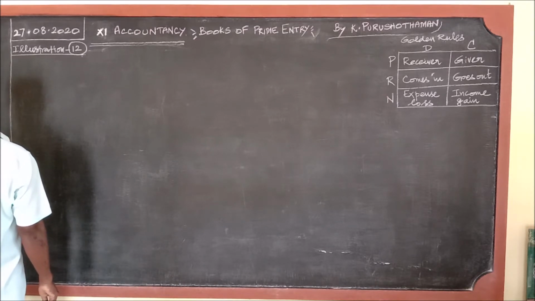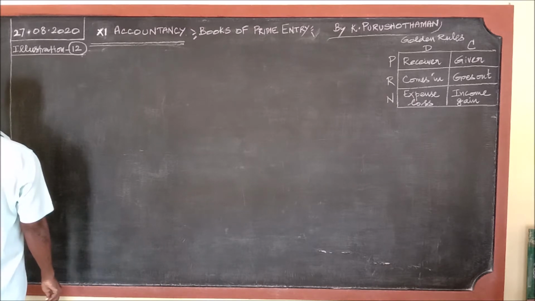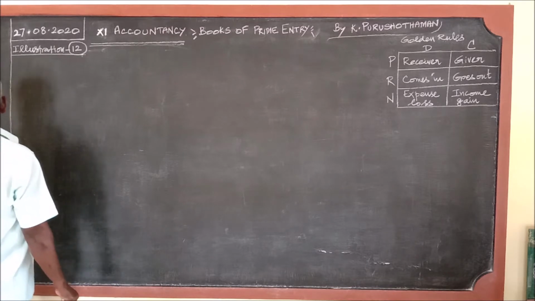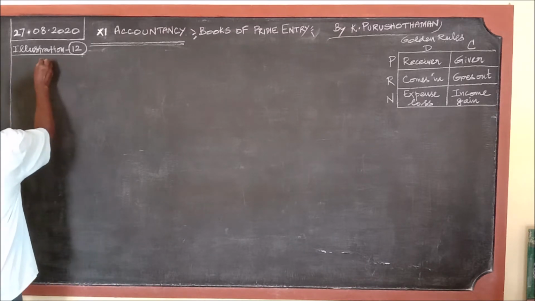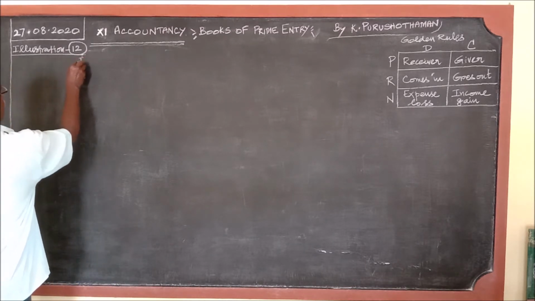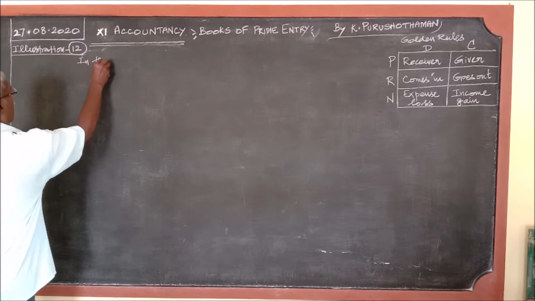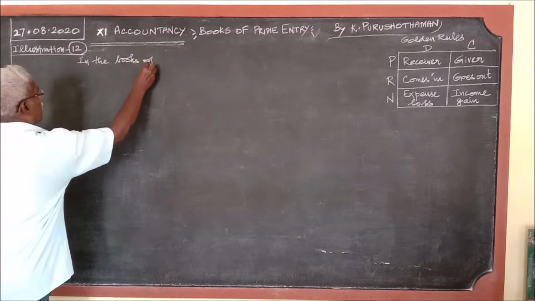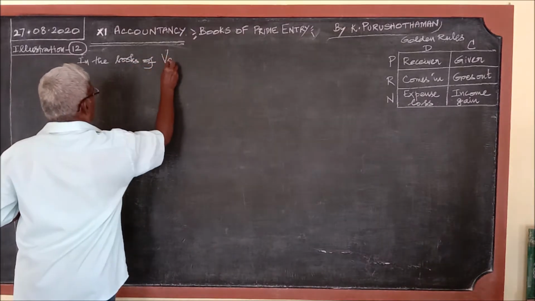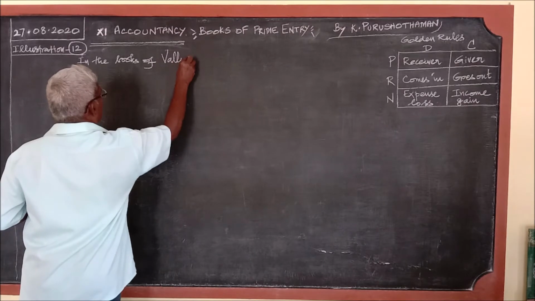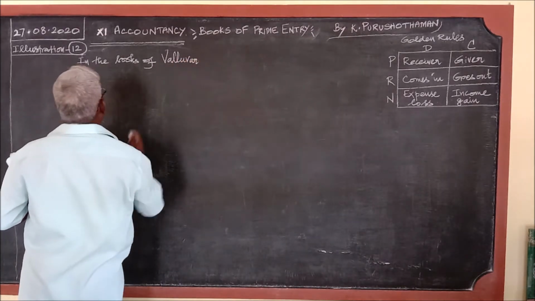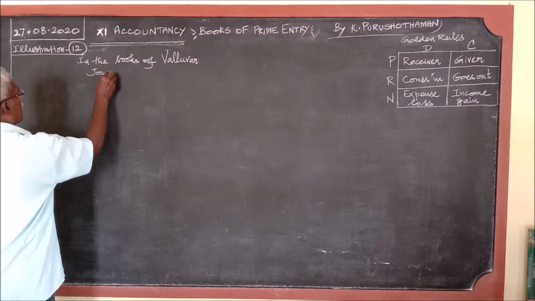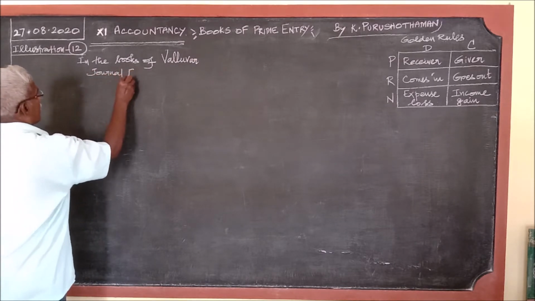From the following transactions, pass journal entries for the month of March 2018. Valluvar is a sole trader. So, in the books of Valluvar, journal entries.